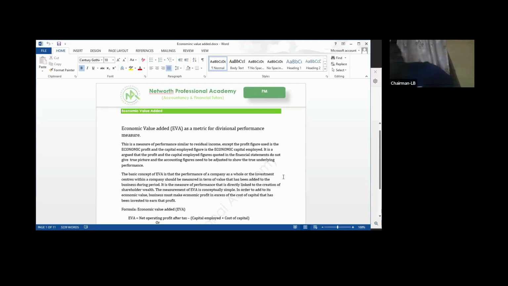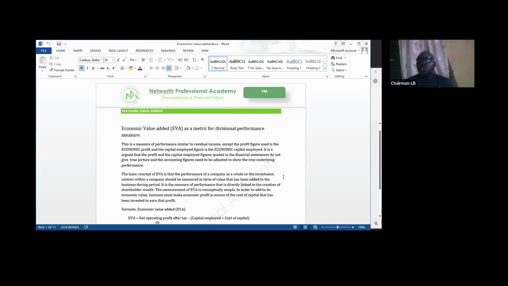Periodically, the management will try to estimate or to evaluate performance of each division. We now look at how we evaluate divisional performance.